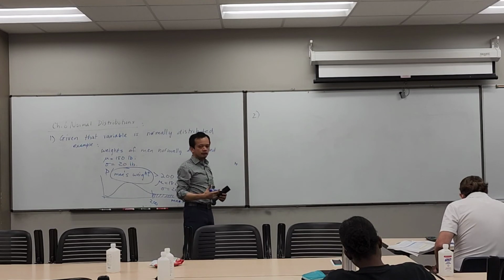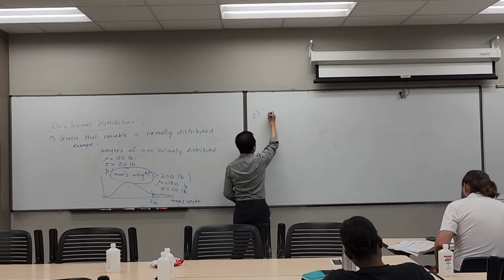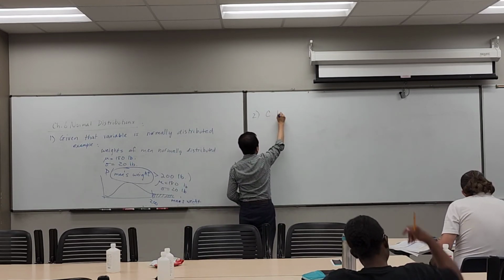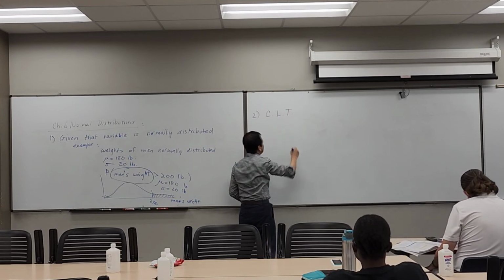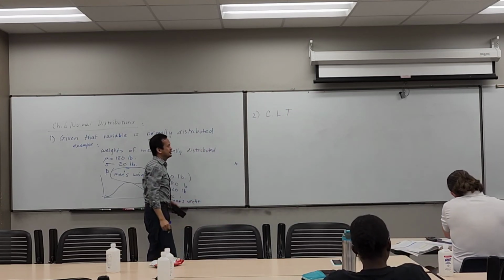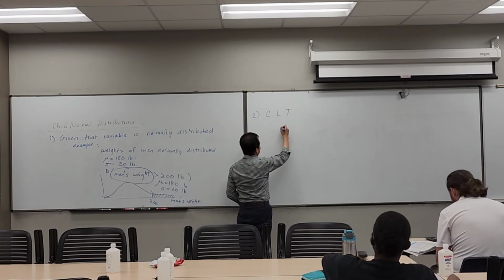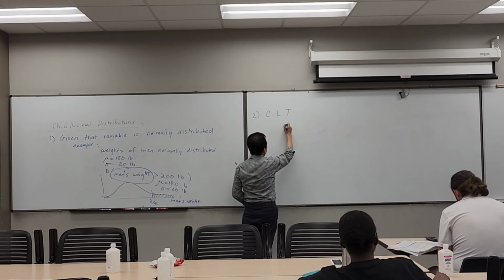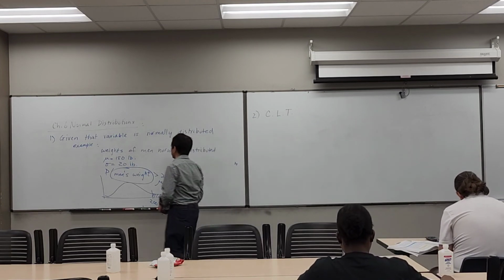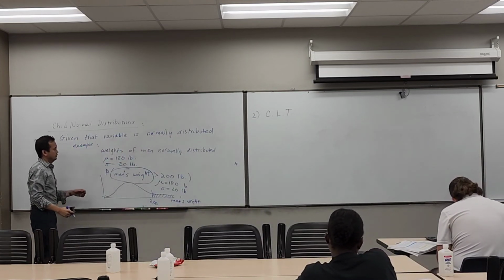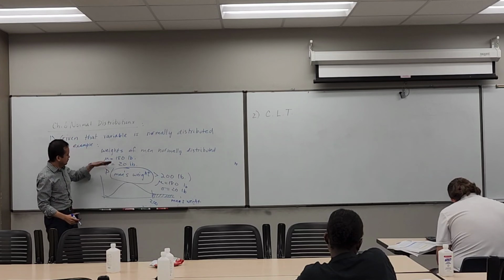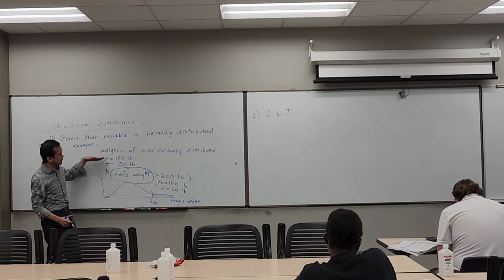So the second case involves the central limit theorem. I'm going to abbreviate it as CLT. Sounds like a sandwich. But an example of this is, let's use the example we talked about before, weights of men.